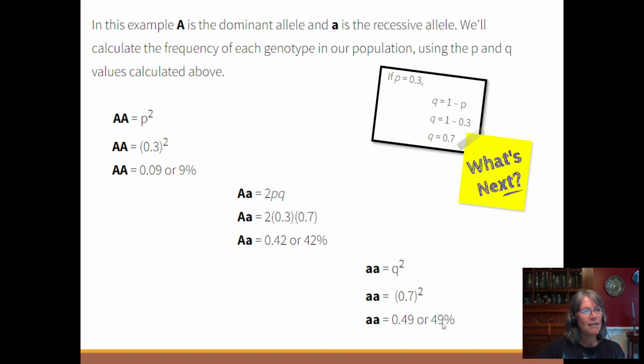And if I add 49 plus 42 plus 9, I get 1, 100%, or 0.09 plus 0.42 plus 0.49 is 1. 100% of the population is accounted for because these are my only options for genotype in the population with regard to this trait. So it has to equal the entire population.